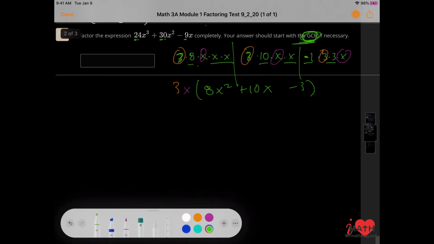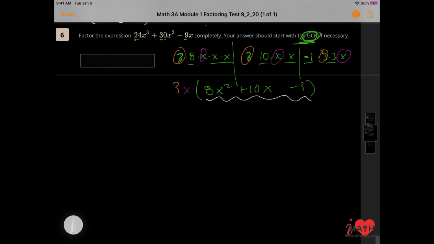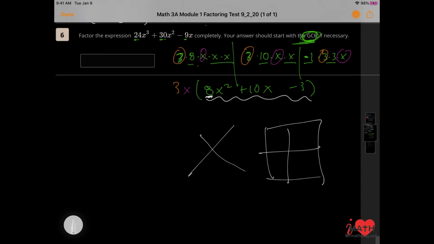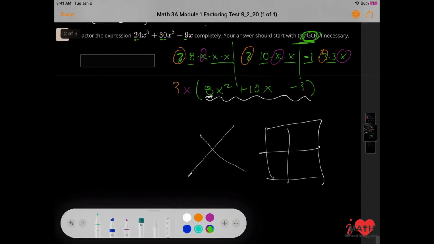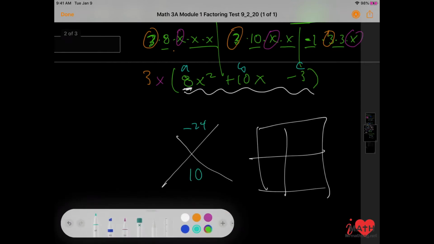And then what would we have done? We need to factor this so that a value is greater than 1, so we're going to have to use both the x and the box. Okay? So I got a times c is -24, b value is +10.